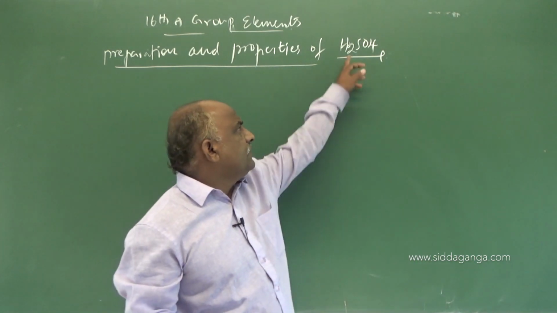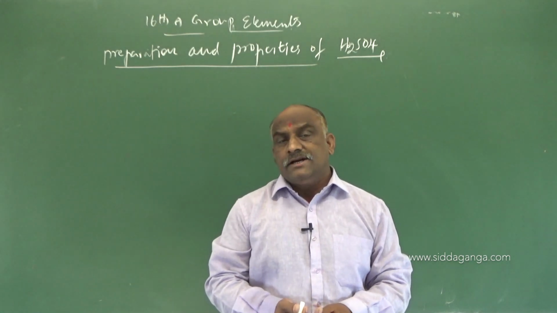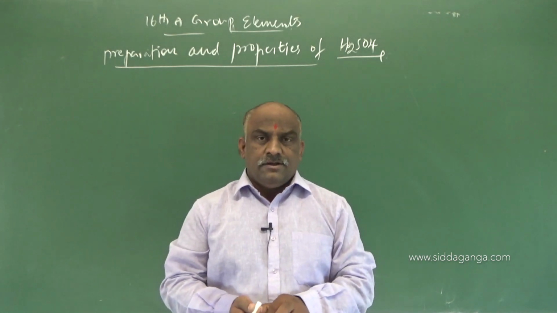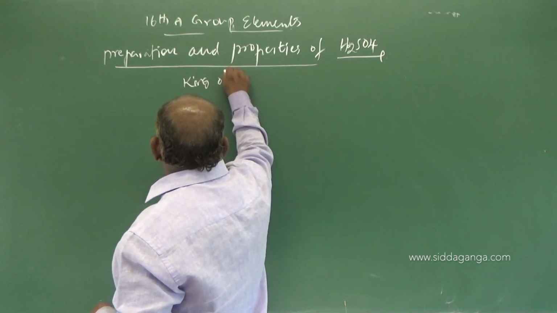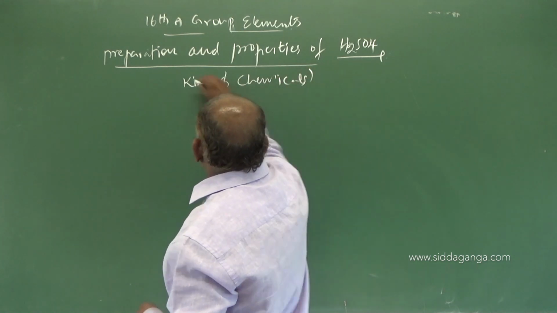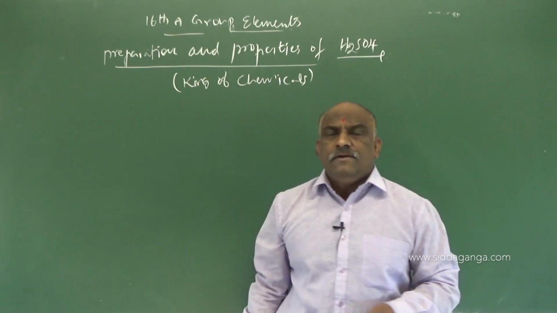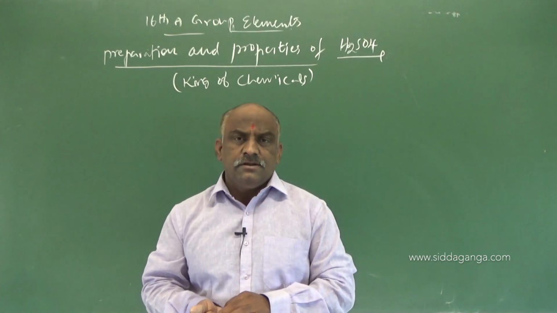Molecular formula of sulfuric acid is H2SO4. We know that H2SO4 is called the king of chemicals. So, there are two methods for the preparation of sulfuric acid.